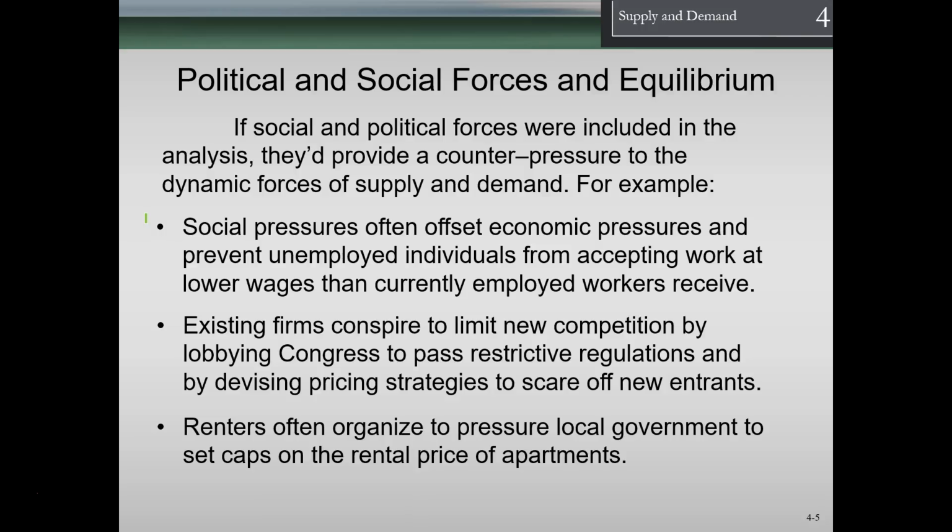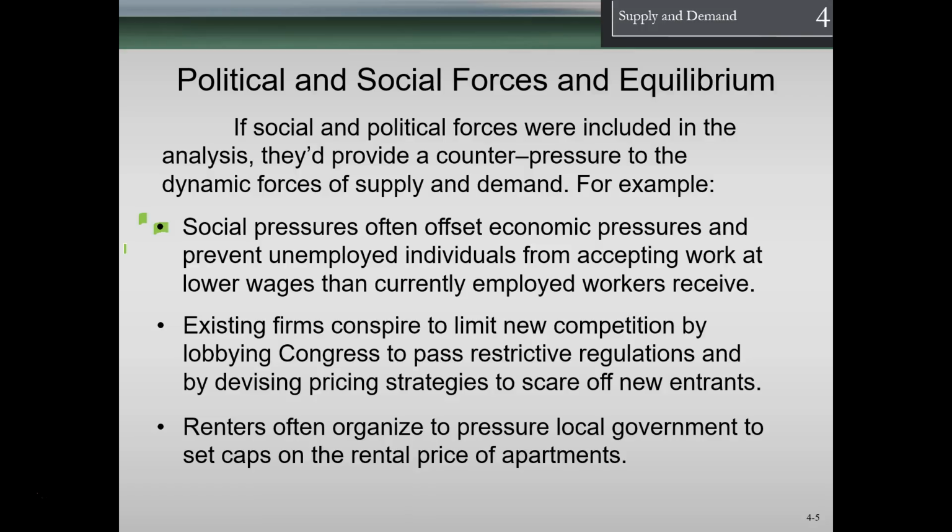Social pressure often offsets economic pressure and prevents unemployed individuals from accepting work at a lower wage than currently employed workers receive. We know that this is a common political issue. Basically, the minimum wage is going to be an issue here, and we can see the same supply and demand curve in terms of workers, people in the employment market.